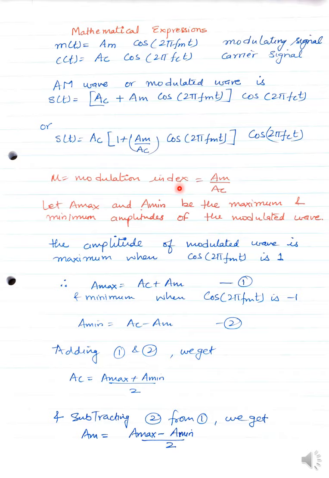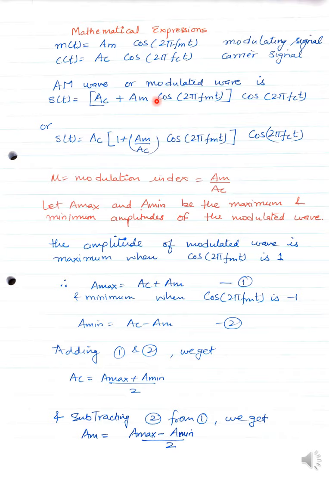This term is going to be used in the calculations, or the numericals, which we are going to solve. μ equals Am, the amplitude of the modulating signal, divided by Ac, the amplitude of the carrier signal. If we assume Amax and Amin are the maximum and minimum amplitudes of the modulated wave s(t), then the amplitude is maximum when cos 2π fm t is 1.